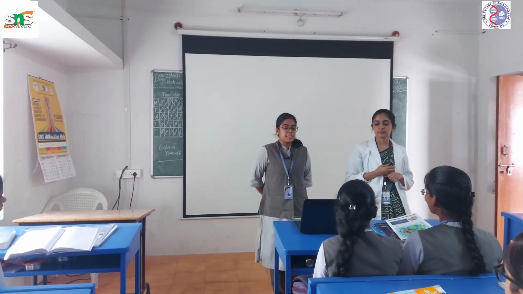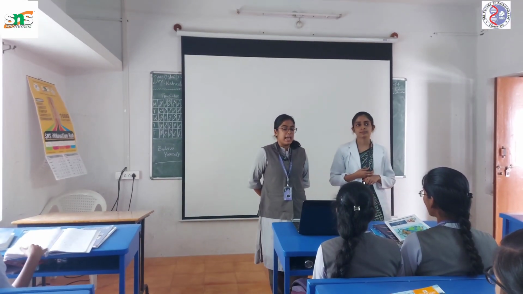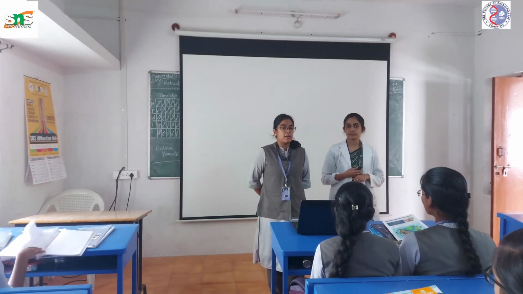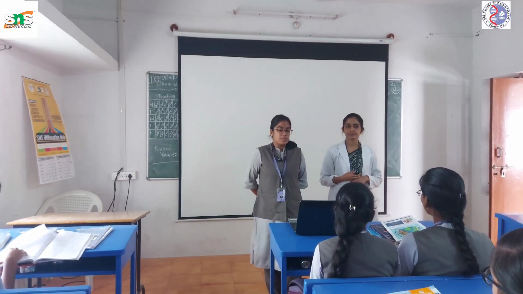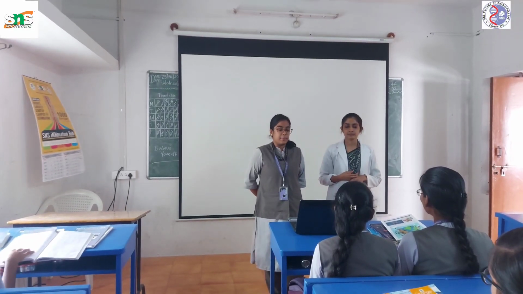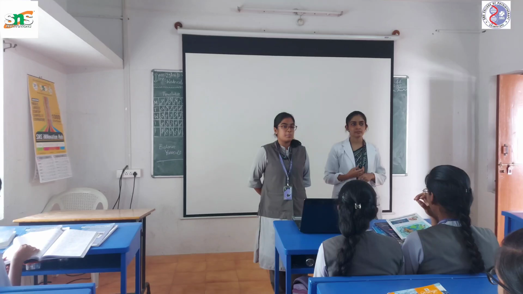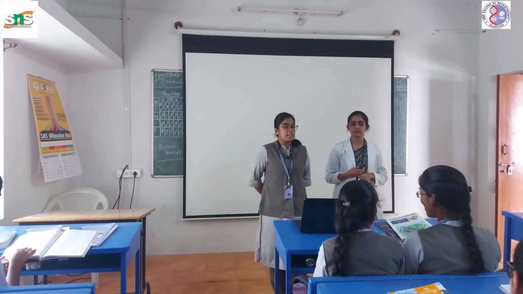Which complication is most concerning in TB spine? Options: A. Osteoarthritis, B. Paraplegia due to spinal cord compression, C. Tendon rupture, D. Joint stiffness.